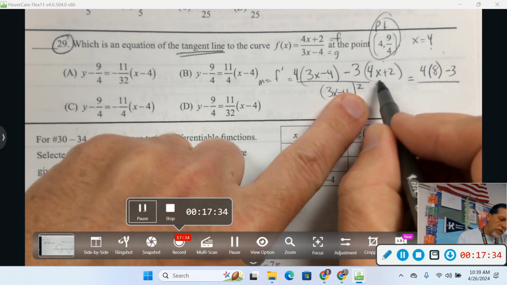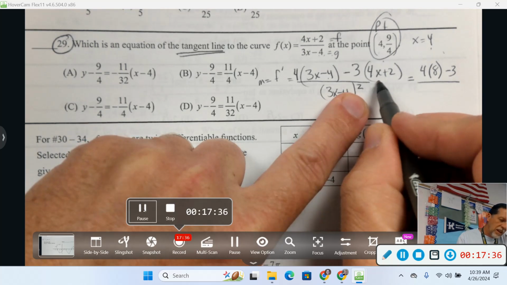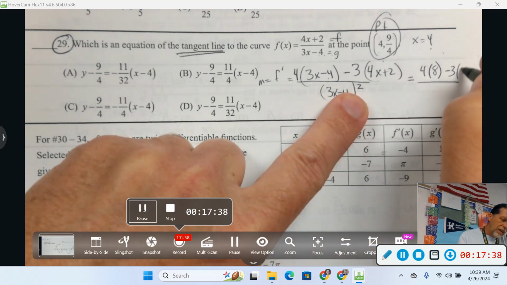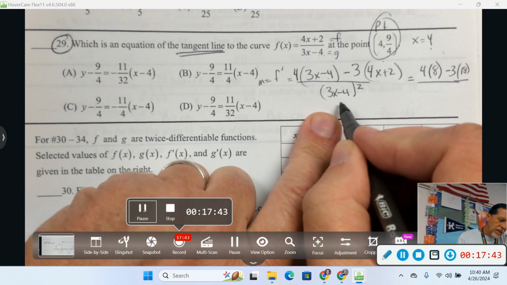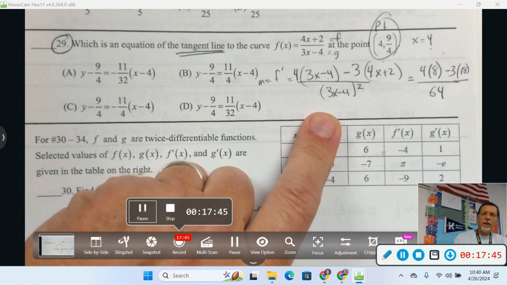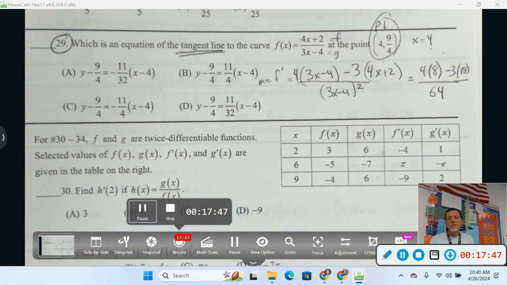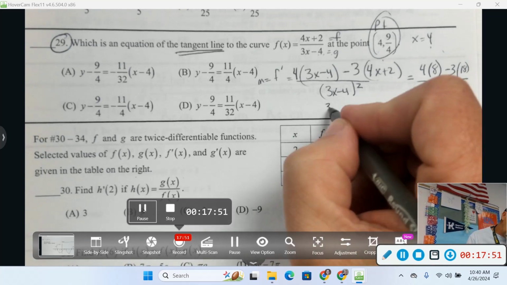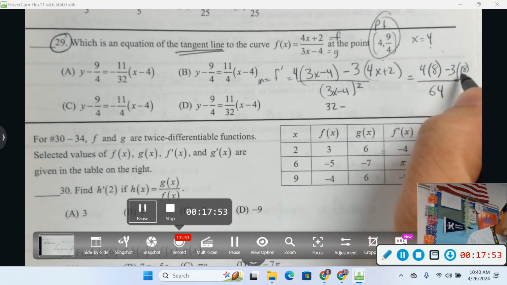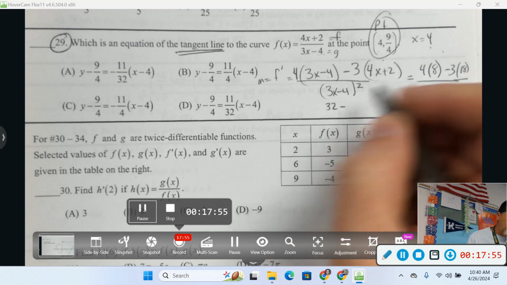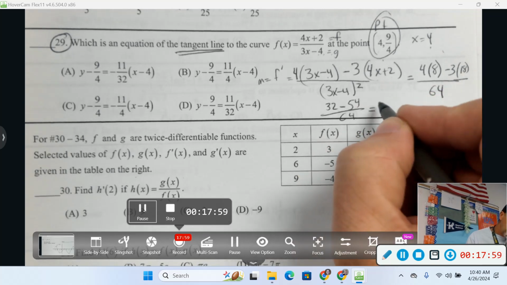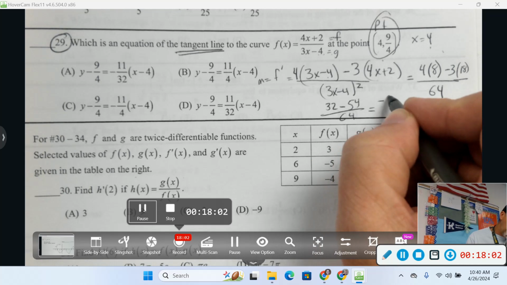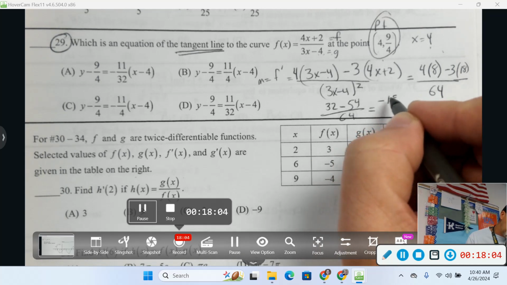And then 4 times 4 is 16, plus 2 is 18, all over 8 squared. Oh, I wonder if I could have simplified some stuff. Oh well. 4 times 8 is 32, 18 times 3 is 54.